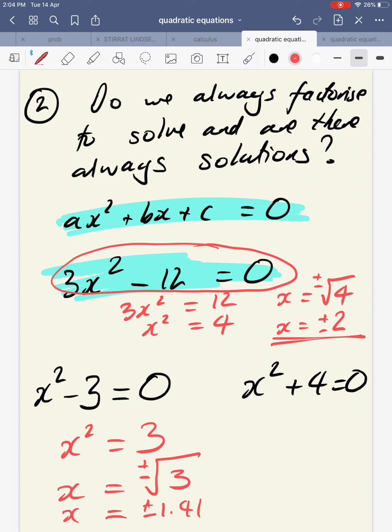I'll get my calculator out. Let's have a look. So 3 square root is, oh yeah, that didn't look quite right. No, that's not right either. Let's just reset. 3 square root.